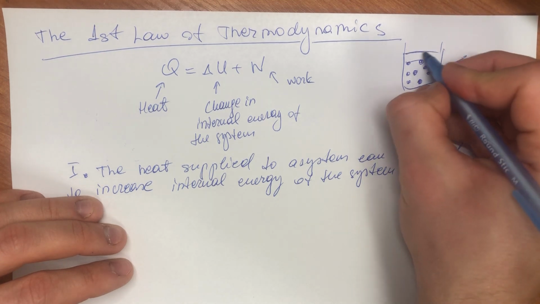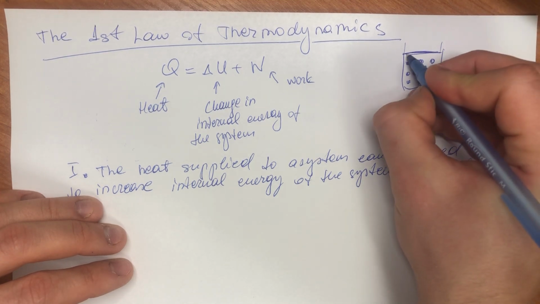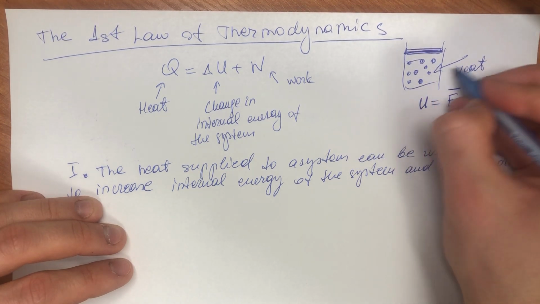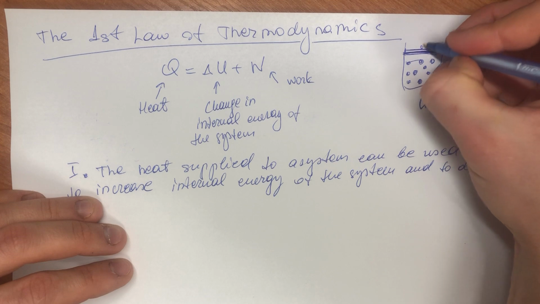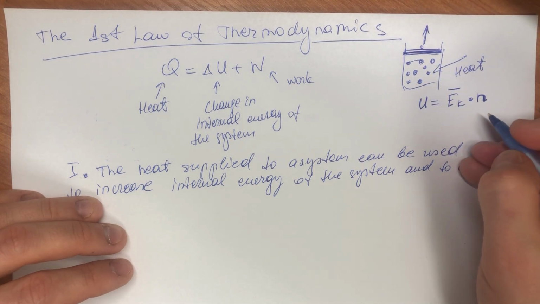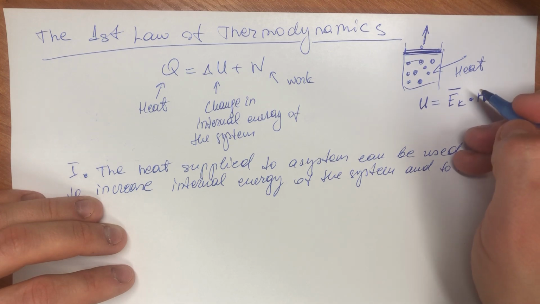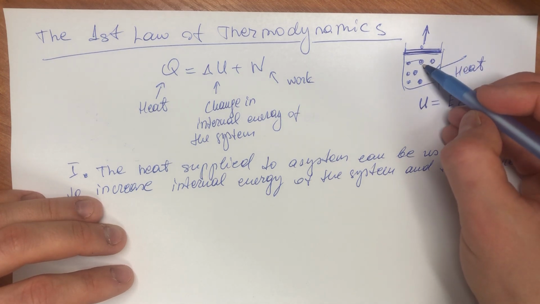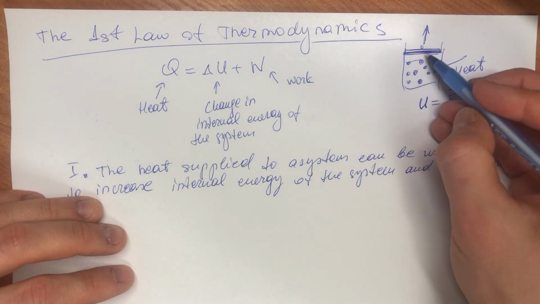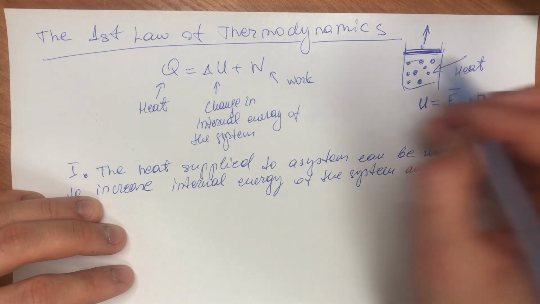And also, if there is a piston that is able to move, when you supply heat, this piston goes up. The molecules expand and push this piston up, and that's how they do work.